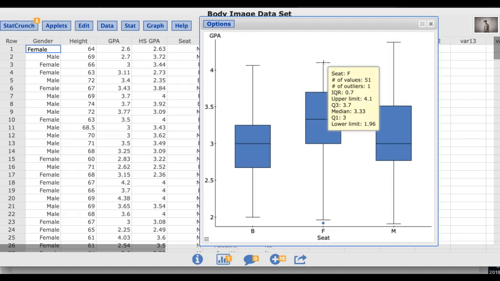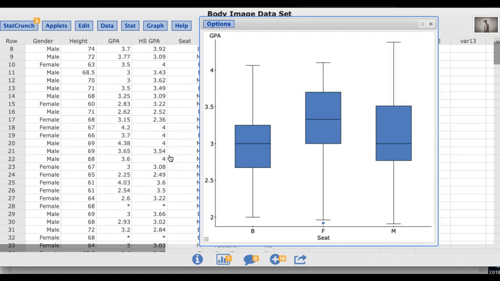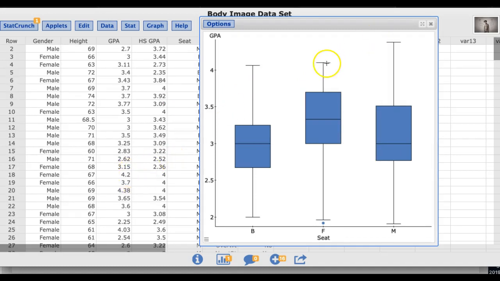They're getting high GPAs here, and there are 4.2s out here. If we take 25%, 25%, 25%, 75% of the GPAs are 3 or more.